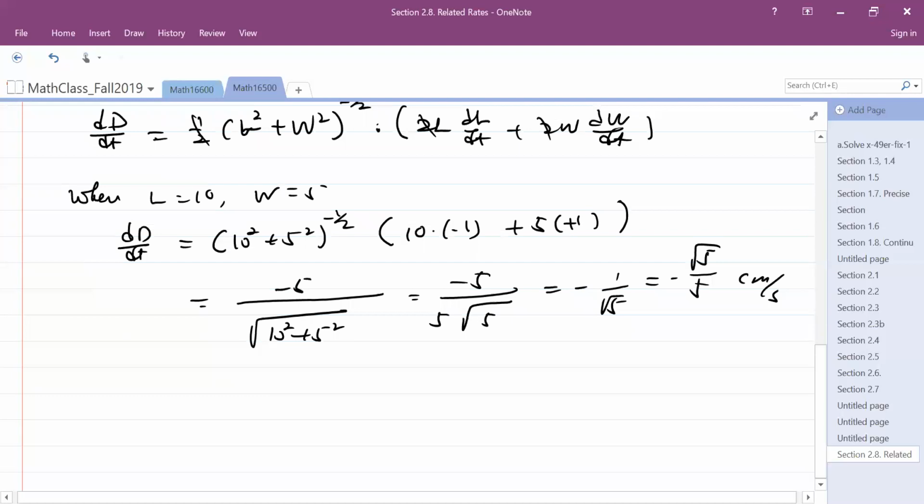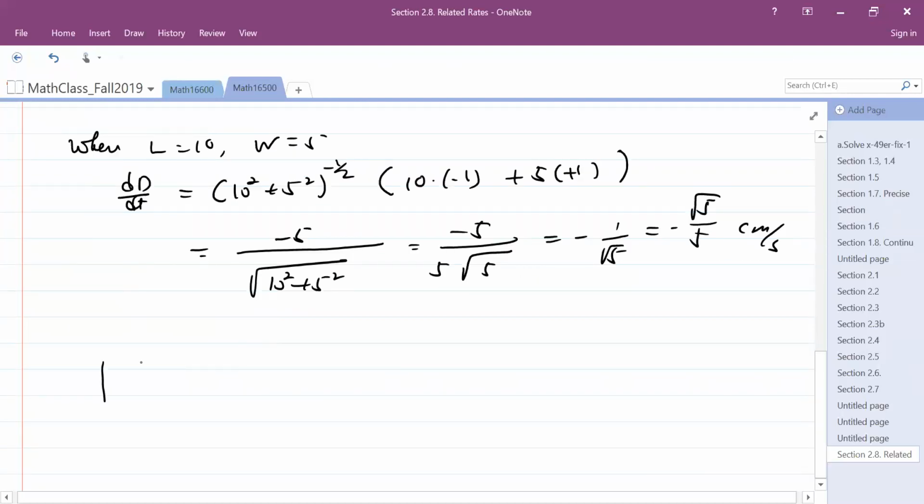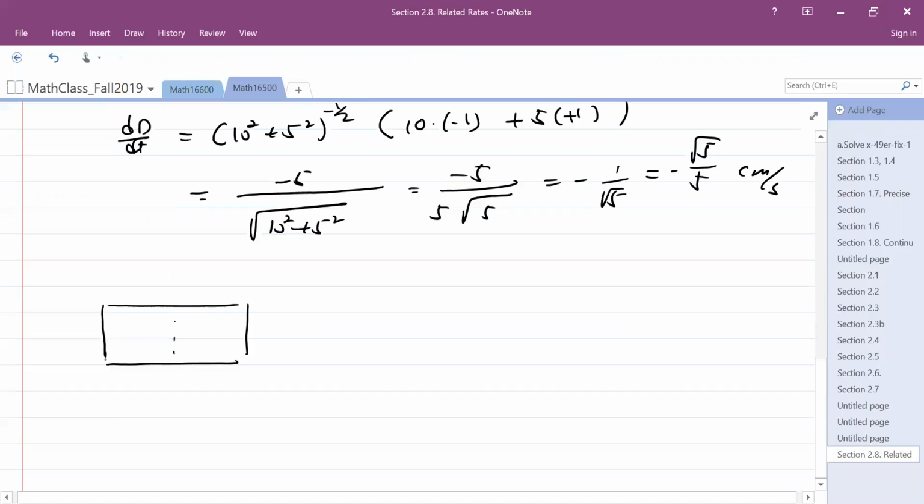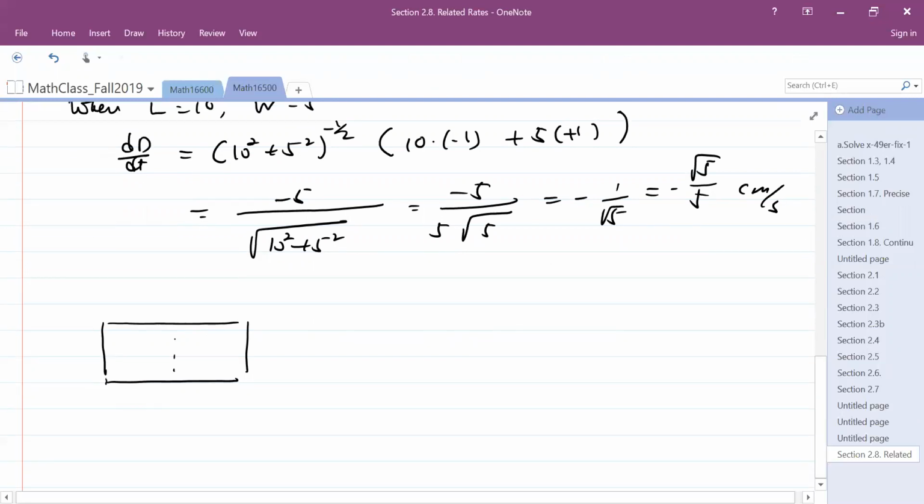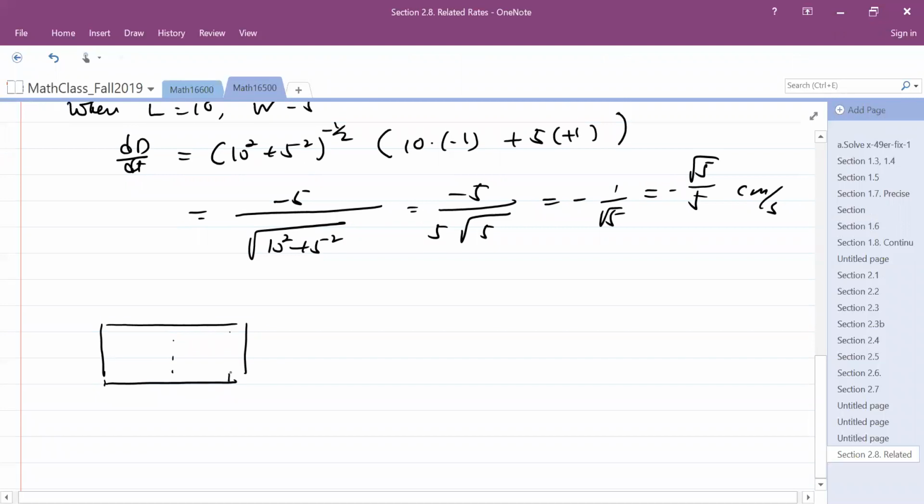Yeah, you think about this. This is a double, right? Double the size, and then the width increases, the length decreases. It's harder to tell, right? I think the length is getting shorter. The width is getting longer.